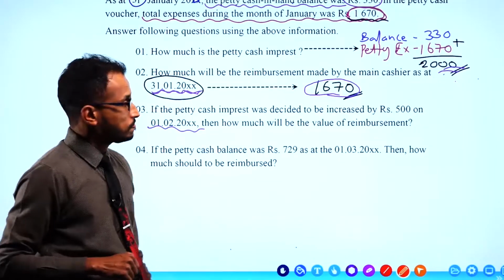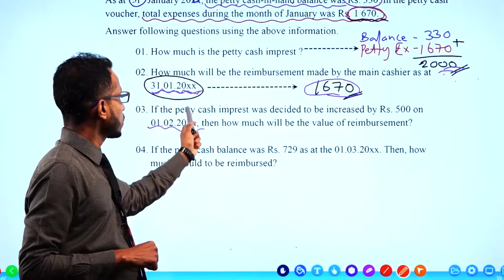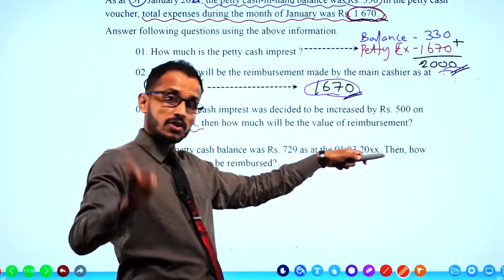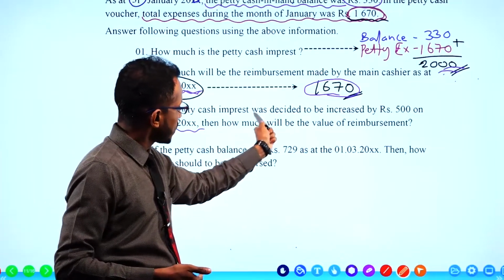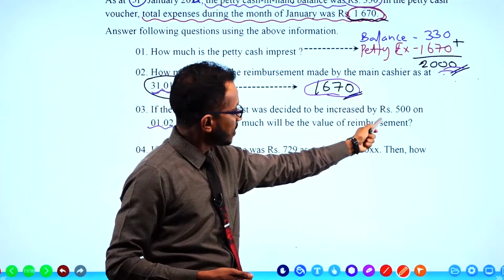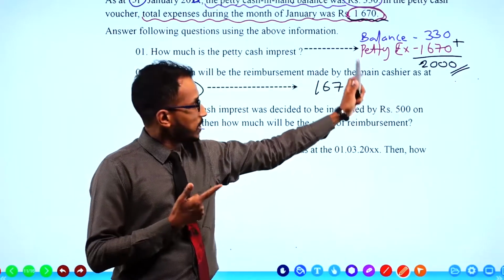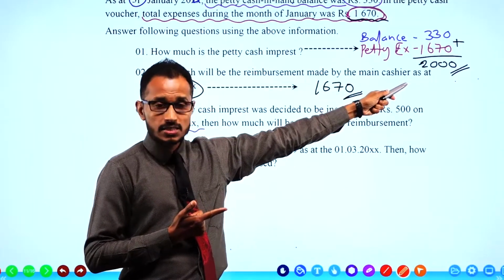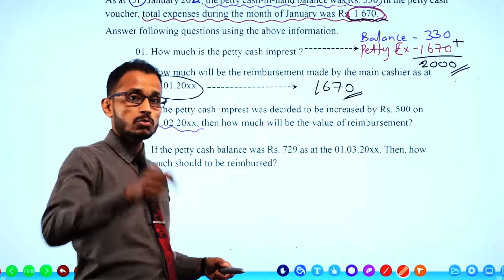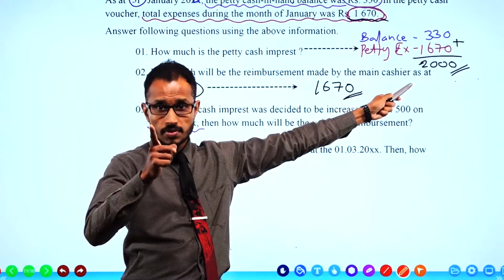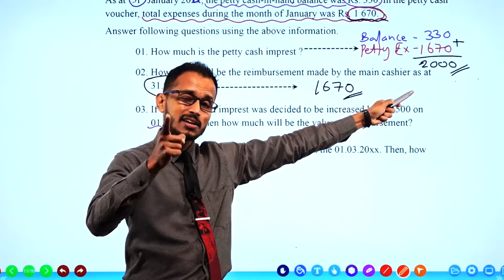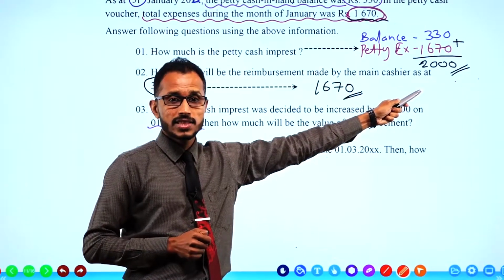And now they are saying, if for the month of February, for the next month, the petty cash imprest is decided to be increased by 500, which means the original imprest amount will not be 2,000, it will be 2,500 with the start of February, with the next month.